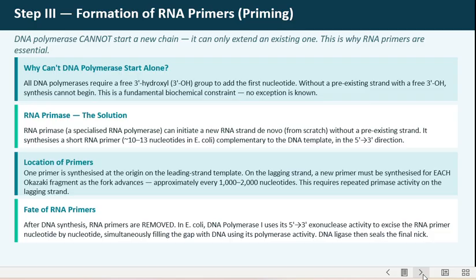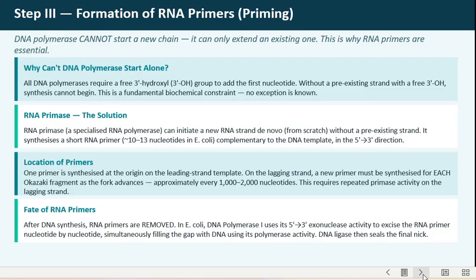And the template that can give us a leading strand is a template that is 3', 5', because the primer therefore is going to be 5', 3'. And since the DNA polymerase needs the hydroxyl, the leading template strand, the 3', 5', is the one used to produce a leading strand, which will be 5', 3'.